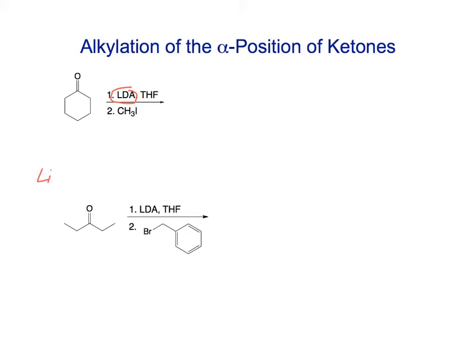Lithium plus, and this amide part, remember, is like an amide, but it's just the nitrogen part. So this nitrogen has two non-bonding pairs of electrons and a minus charge. It's really this part that's acting as a very strong base.